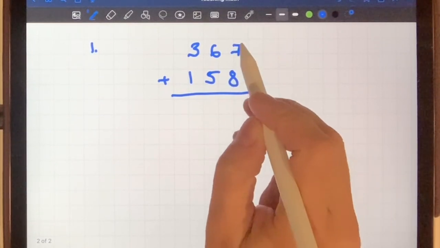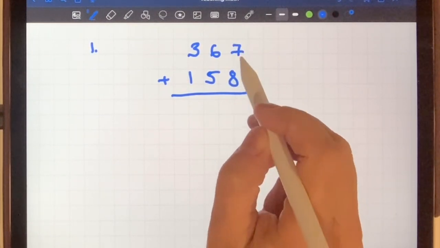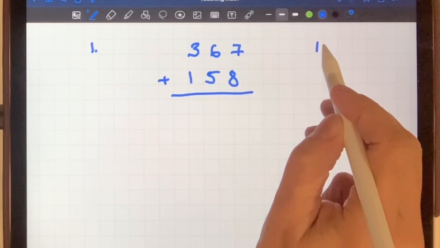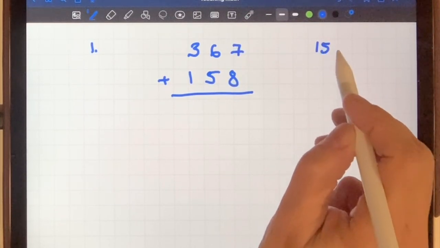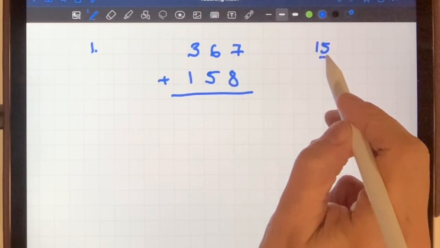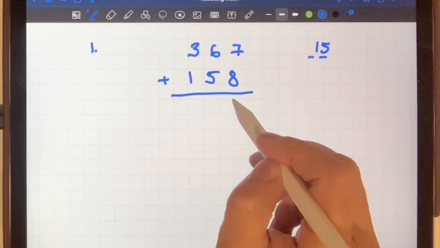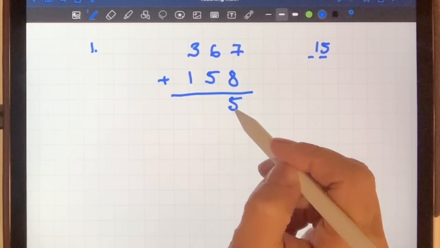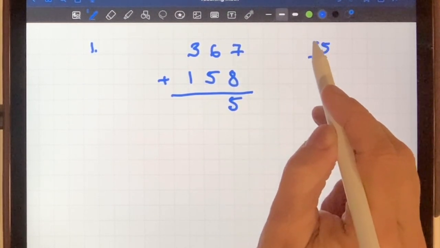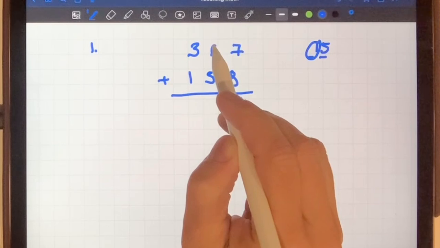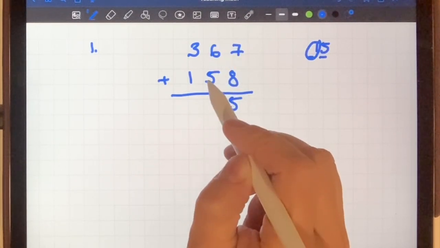So because this is the units column, and 15 has a units and a tens, all we're going to do is write the units, which is 5, and that 10 we're going to carry into our tens column.